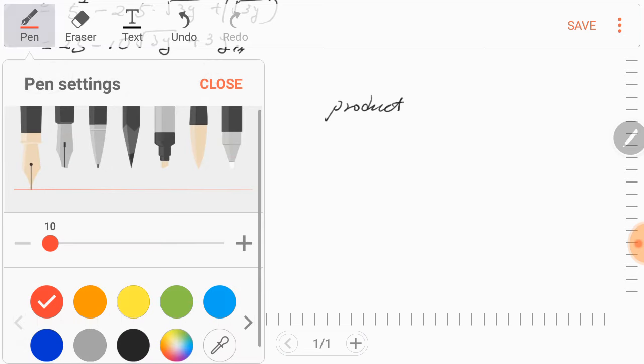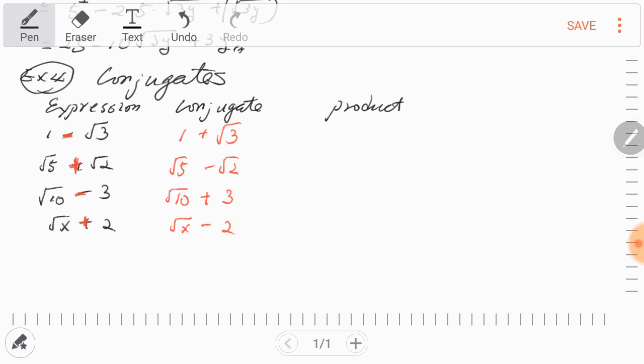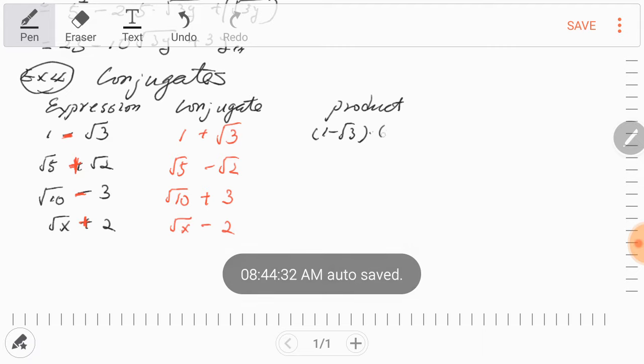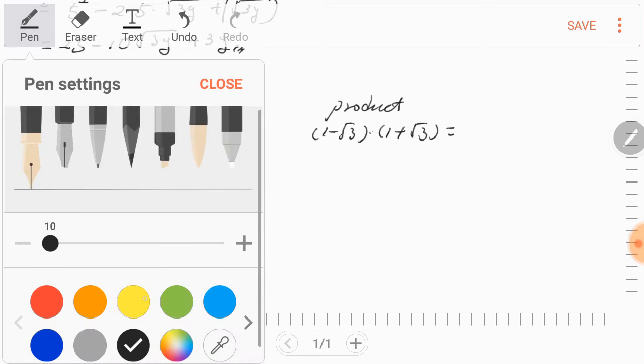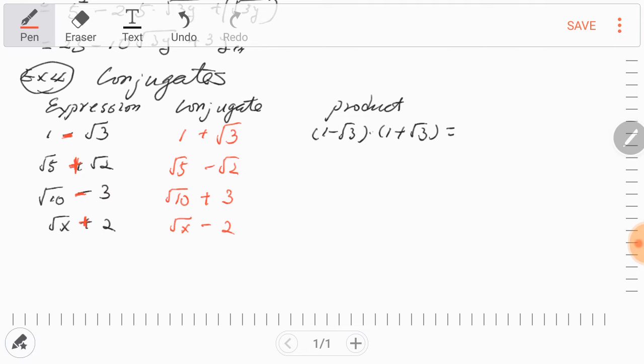Once we multiply two expressions, the original expression and its conjugate, 1 plus square root of 3, what will be the result? For this one we use the difference of squares. Do you remember the difference of squares? a plus b times a minus b is equal to a squared minus b squared.